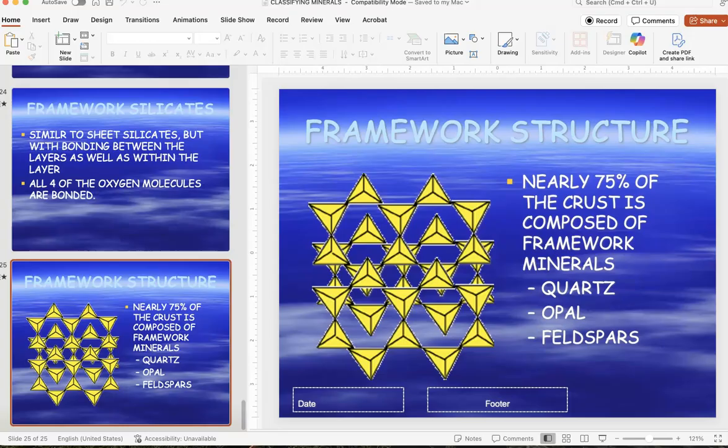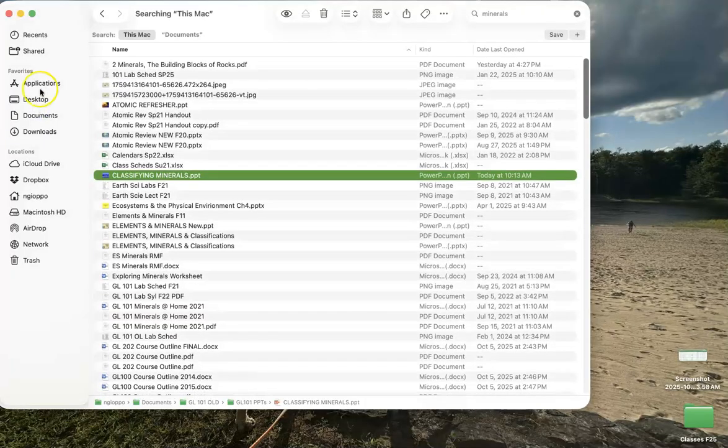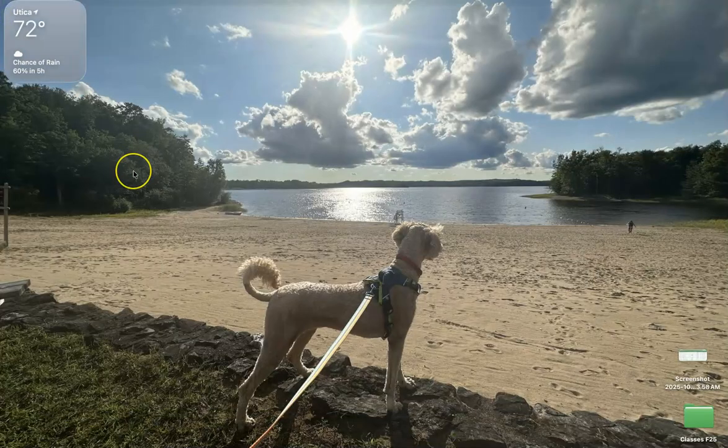You really haven't said a heck of a lot, though, about this will be on the test, this PowerPoint. Very observant. Definition of a mineral, of course. Silicate structures.